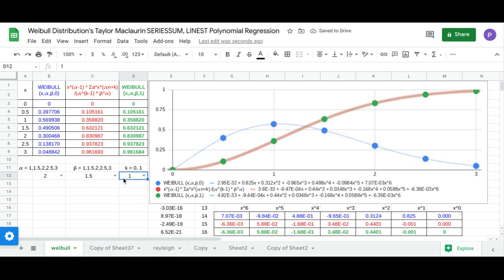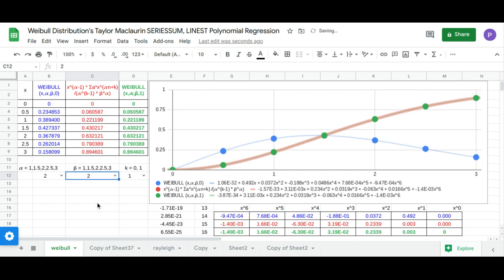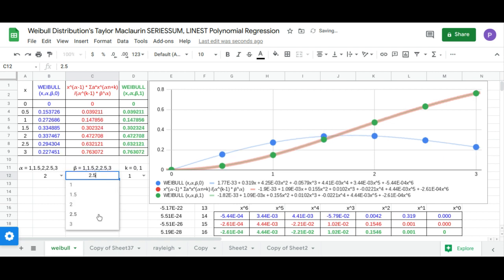You can increase this to 2 and 2.5. Beta is 2.5 and beta is 3.